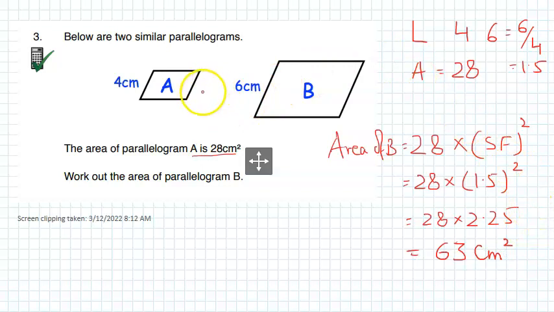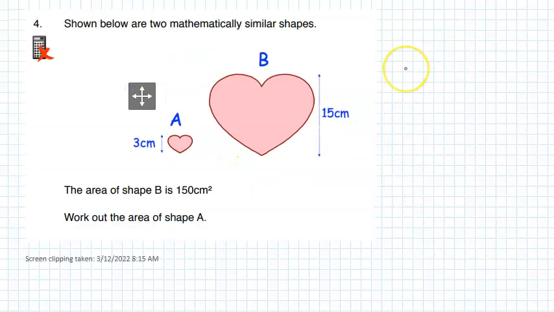The only thing you have to check is that in all these questions we are seeing that the area is asked for figure A and we have to multiply. Now let's move to the next question. Now in this question, two figures are given. This is 15 and the area of the bigger shape is given, that is 150 centimeter square.